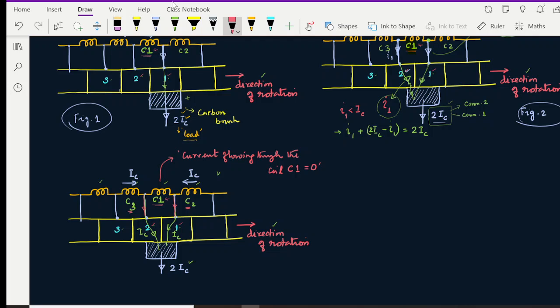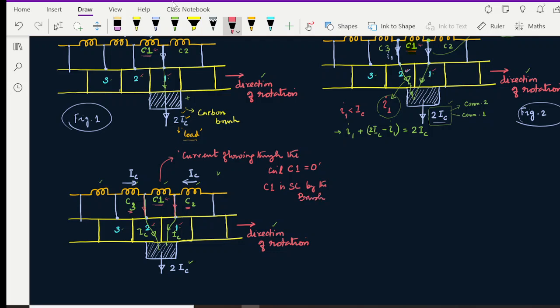In other words, we can say that coil 1 is short circuited by the brush.